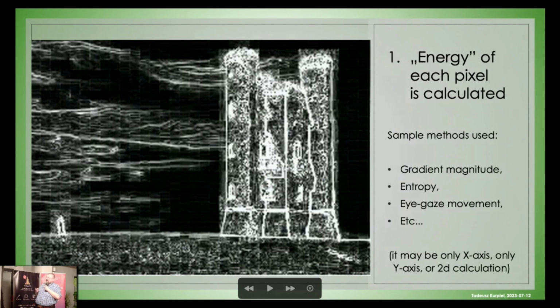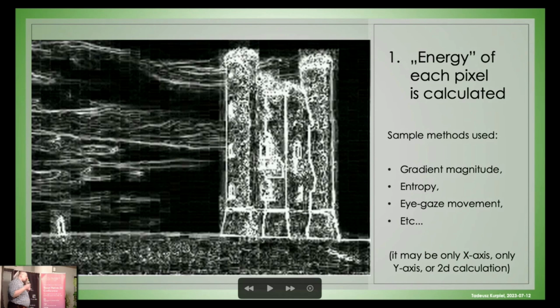First, we calculate the energy, a kind of importance we may say, of each pixel in the image. Here is an example taken from Wikipedia, of course, where the gradient magnitude was used. For every pixel, the difference between the values of its neighbors was calculated.